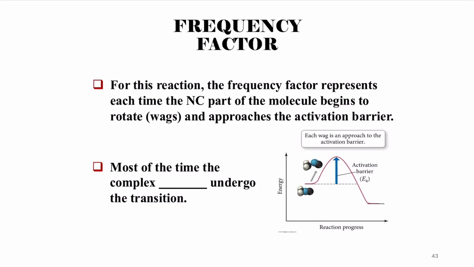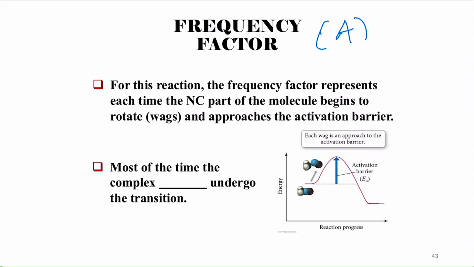In this frequency factor, which was A, we can think of that, with this specific example with the acetonitrile and the isonitrile, that every time the molecule starts to wiggle, that can be thought of as an approach to the activation energy, right? That transition state is when it's fully perpendicular. Every time you start to move like that, you start to approach that energetically unfavorable state.